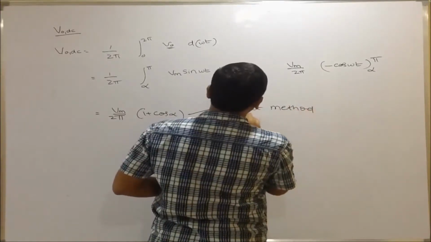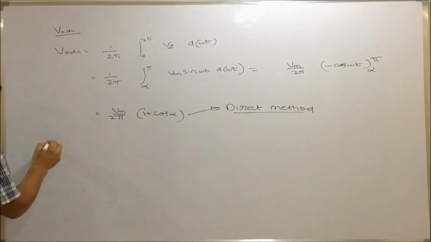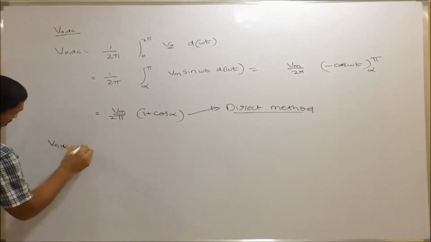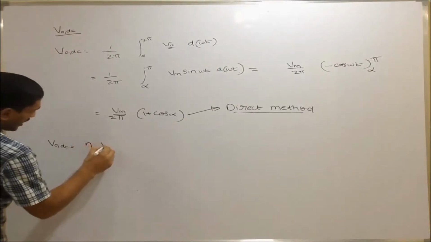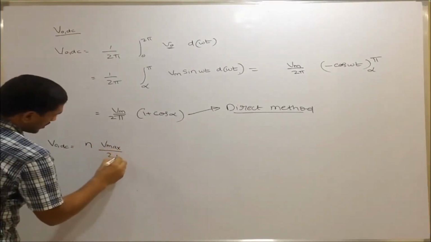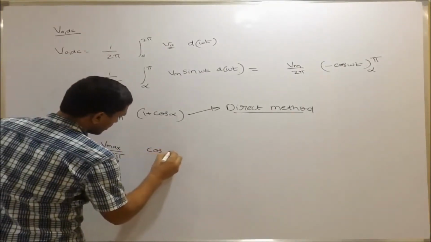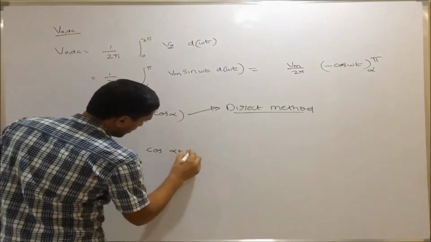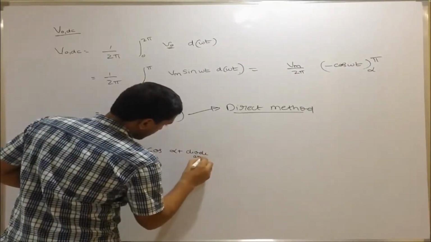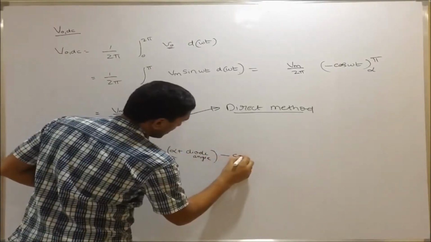Now we derive it through the generalized expression. The generalized expression is V naught DC equal to the pulse number times the maximum voltage divided by 2 pi, that is the cyclic interval, into cos alpha plus diode angle, minus cos beta.